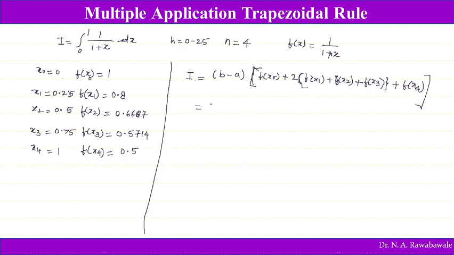So b minus a, where b value is 1, a value is 0, whole divided by 2n.